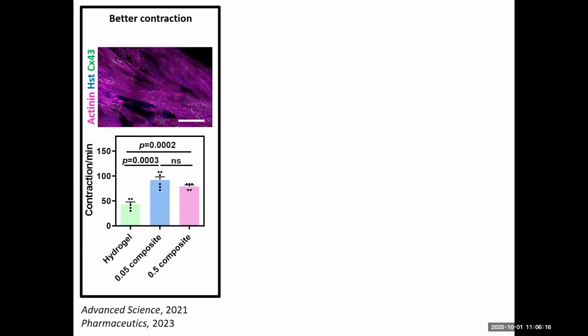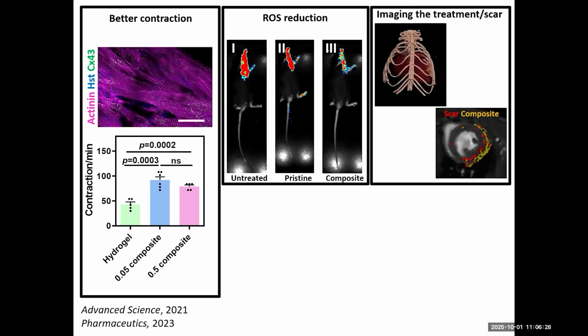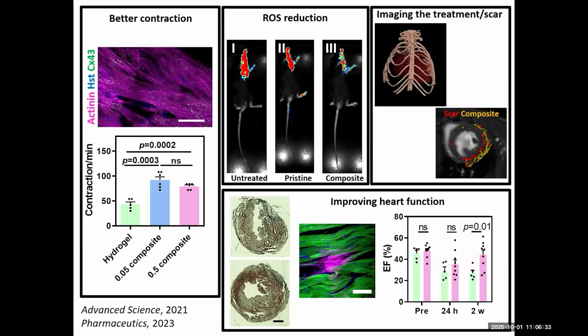And this is what we've done. We have better contraction with these gold nanoparticles. We can reduce reactive oxygen species because they adhere or absorb to the gold particles. We can image the treatment, and basically we can improve heart function after infarction. Already after 2 weeks, we can see that it works.